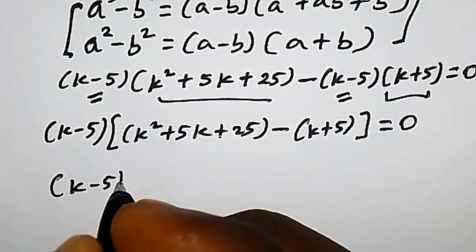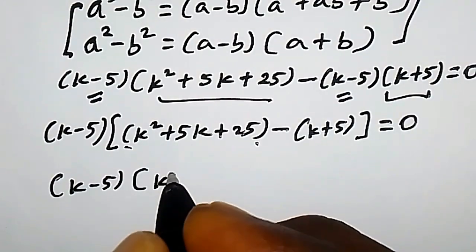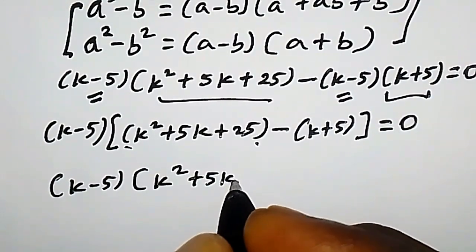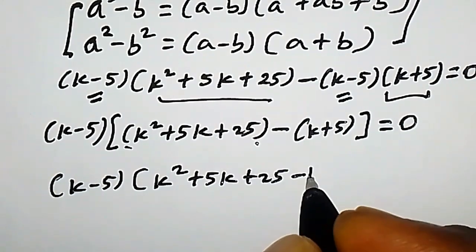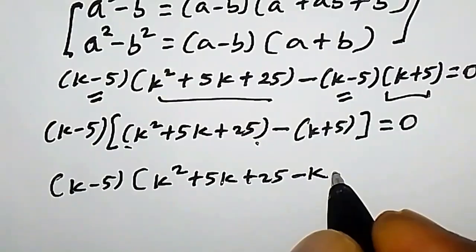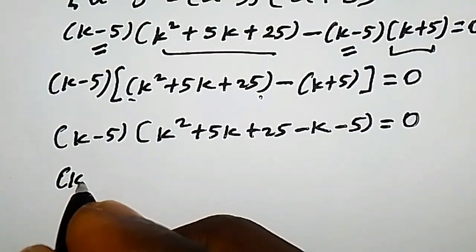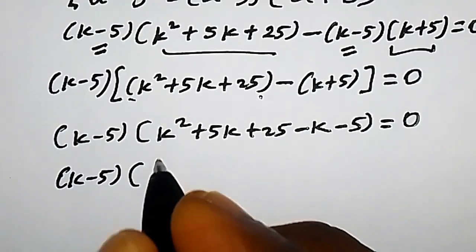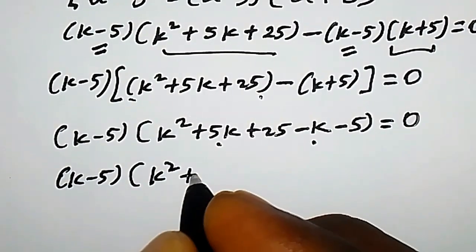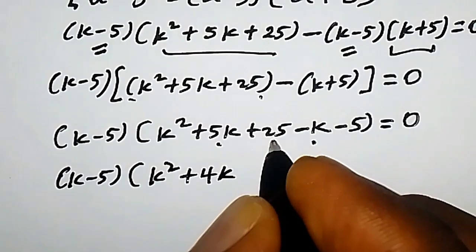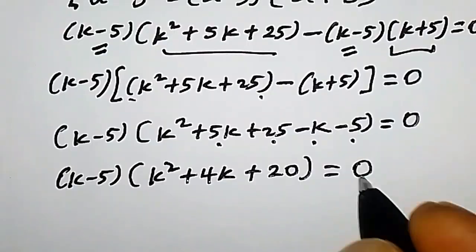k minus 5 times, let us drop these brackets, we have k square plus 5k plus 25 minus k minus 5 equal to 0. k minus 5 times k square plus 5k minus k, that is 4k, 25 minus 5, that is plus 20, equal to 0.